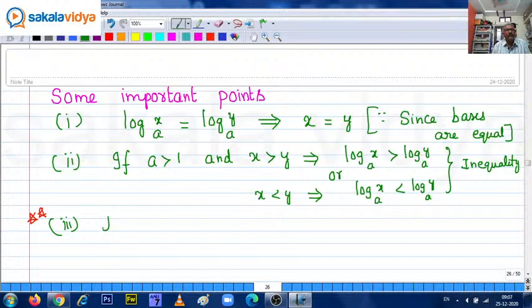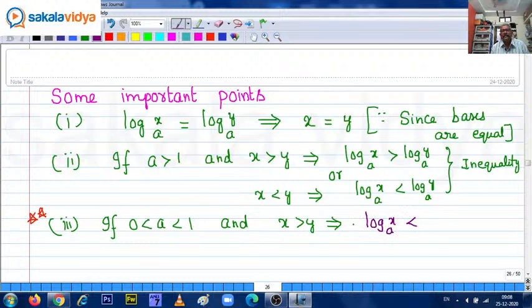Now this is an important case that needs to be discussed. If 0 is less than a, which is less than 1, and x is greater than y, here is a very interesting thing. When you apply the logarithm on both sides, the symbol reverses: greater than becomes lesser than.